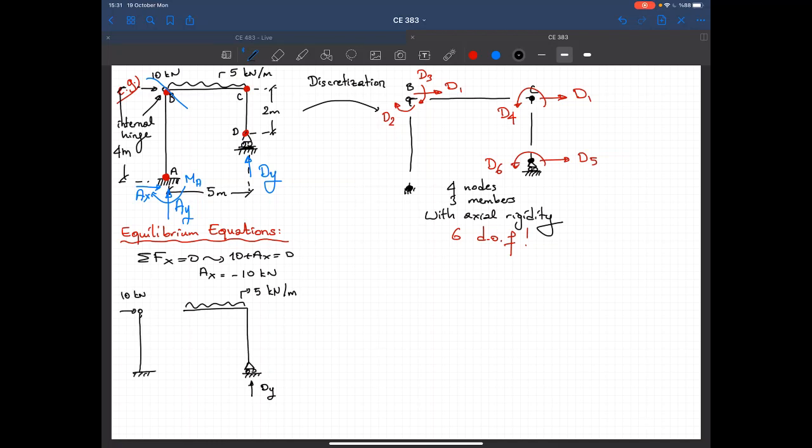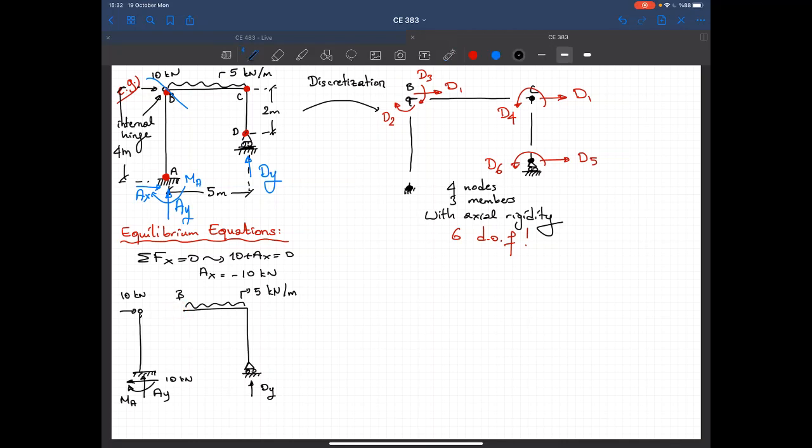That's the fixed support. So we already calculated our AX, which is equal to 10 kilonewtons. I got AY here and a moment that's equal to MA. Okay, so let's start from this free body diagram. I know that at this point moment is equal to 0.